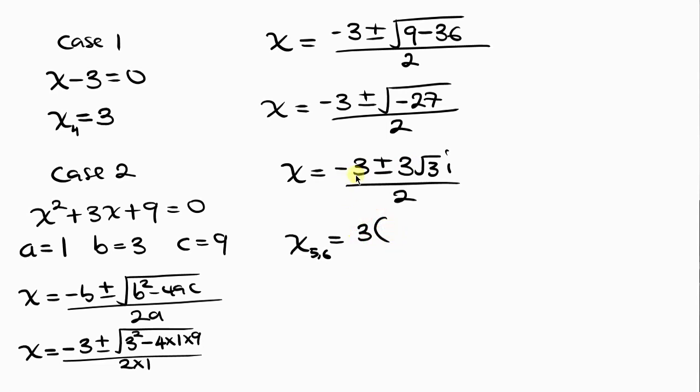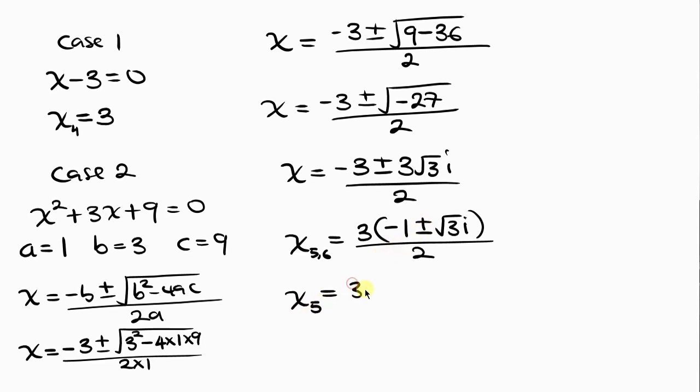Now, negative 3 divided by 3, I have negative 1 plus or minus 3 root 3i divided by 3, I have root 3i all over 2. Now let's separate the fifth solution of x from the sixth. For the fifth solution, I'm going to be picking the positive.